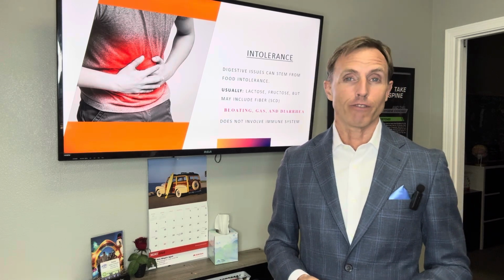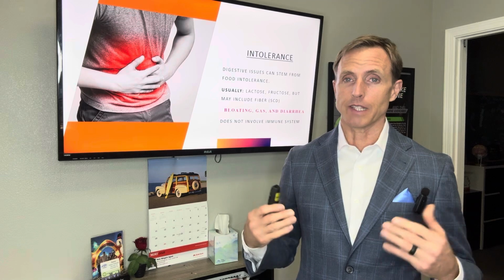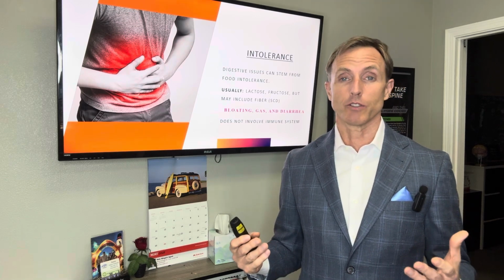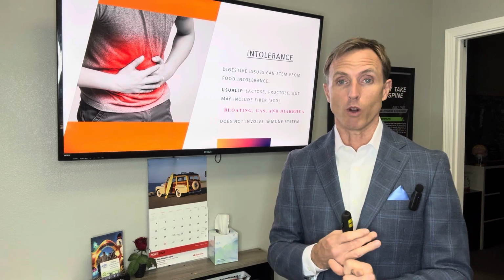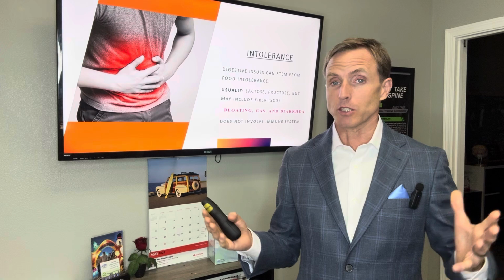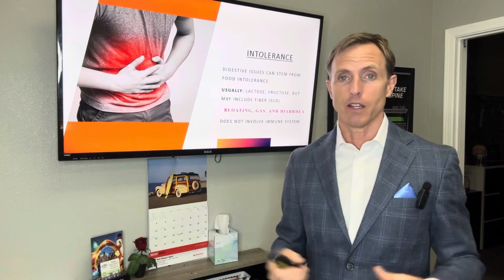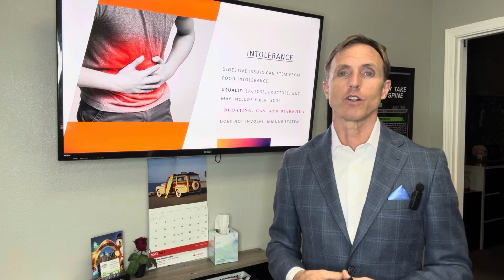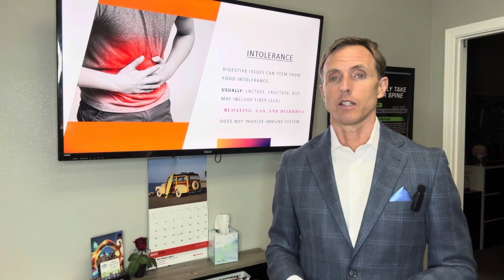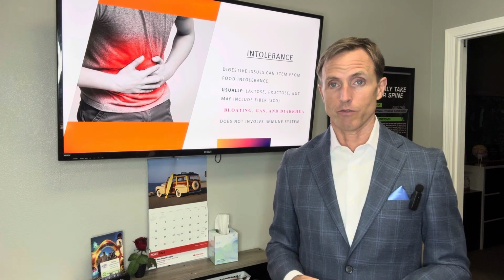But it may include fiber. For people who have very damaged intestines, they have difficulty digesting fiber, so you may have something raw, like raw vegetables or even spinach. Like, I can't eat it unless I cook it. And cooked, I'm fine. That breaks down the fiber, and that's one way you know you may have an intolerance to eating carbohydrates, complex carbohydrates.